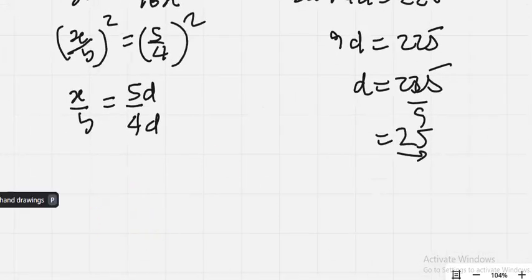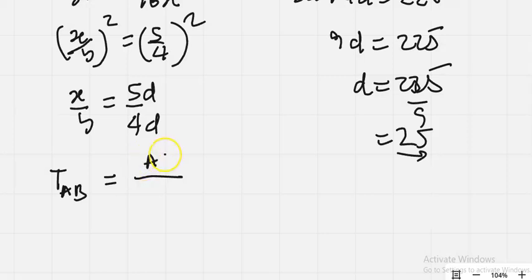The time it took A to cover distance AB is given by the distance between A and B over the speed of A, which is x.